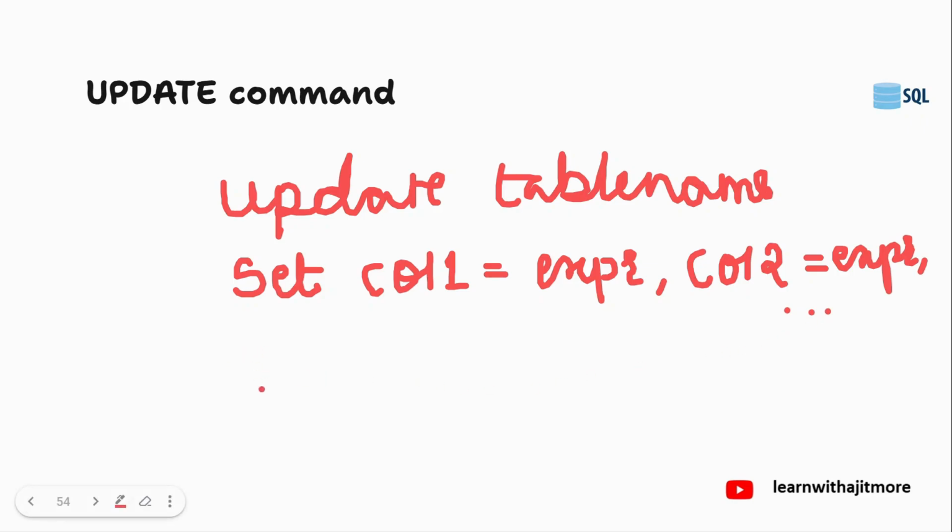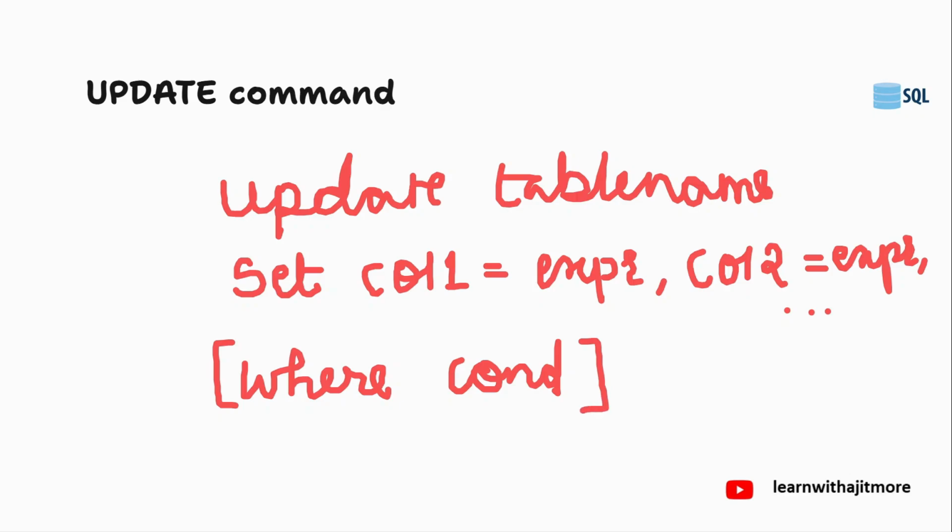And now if you don't give a where condition, then it is going to modify all the values of that column. And if you are putting a where condition, where and then the condition, this part is optional, remember. Okay, this part, the where condition, is optional. Anything that I write in square brackets is optional, remember guys. So if you are writing a where condition, then it will update only those records which are satisfying this condition.